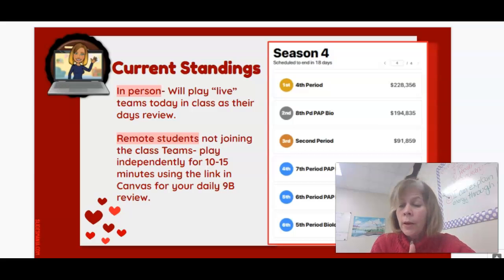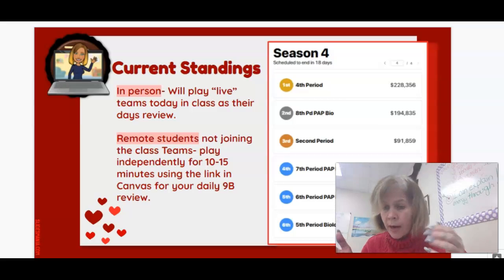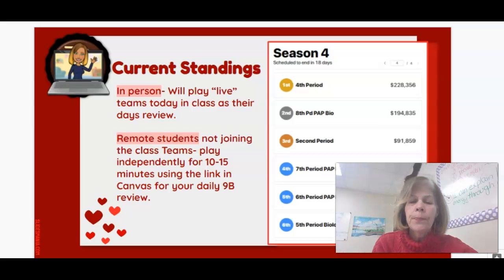Best practice would be to do 10 to 15 minutes each day: 10 to 15 minutes today, on Thursday, and on Friday. It's better for you to chunk it in small chunks than to cram in one long session.